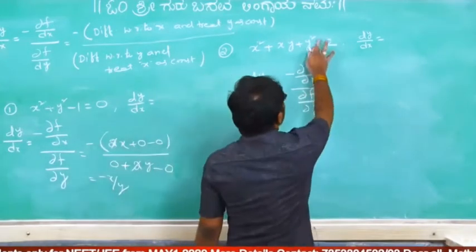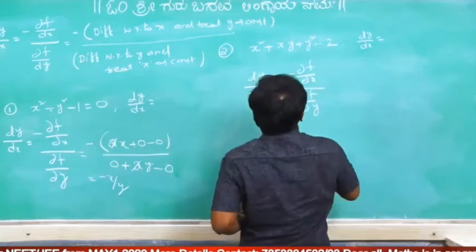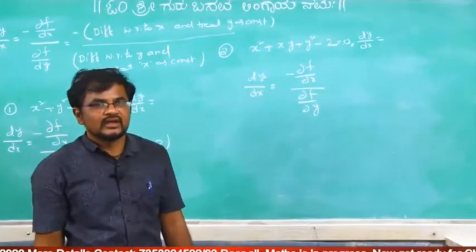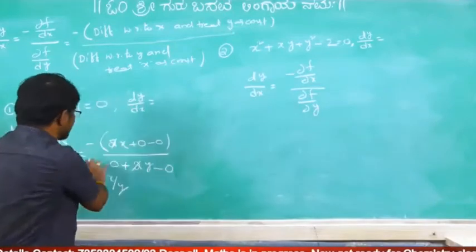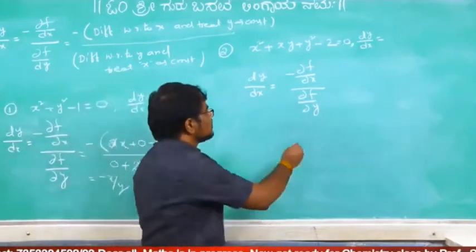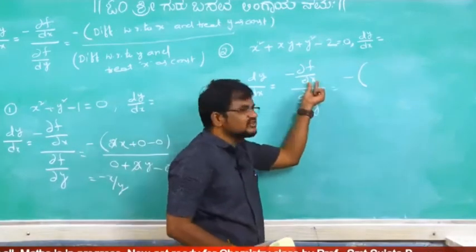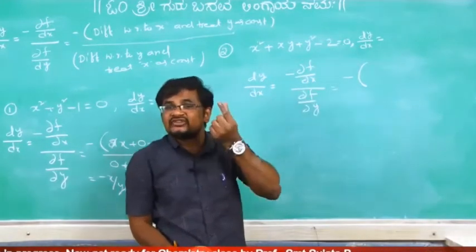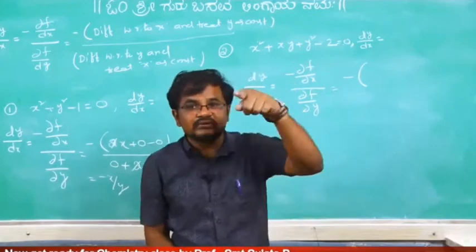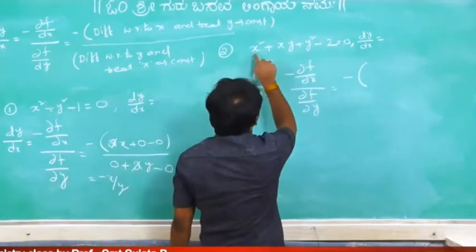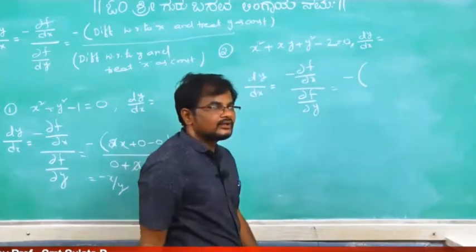Now I will take this as minus 2 equal to 0. Can you write? Now listen carefully. That is equal to minus of partial differentiation with respect to x, which means we have to treat y as constant. Now differentiation with respect to x, what will you get here? 2x.